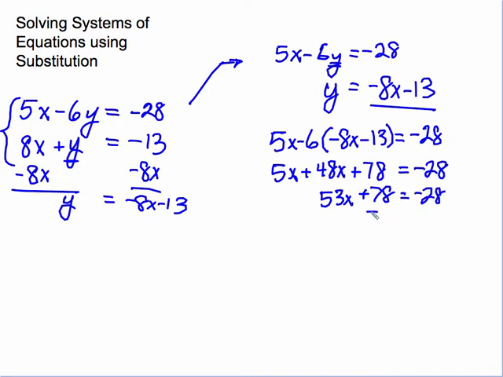Subtract 78 from each side, and we get 53x equals negative 106. And if we divide each side by 53, x equals -2.